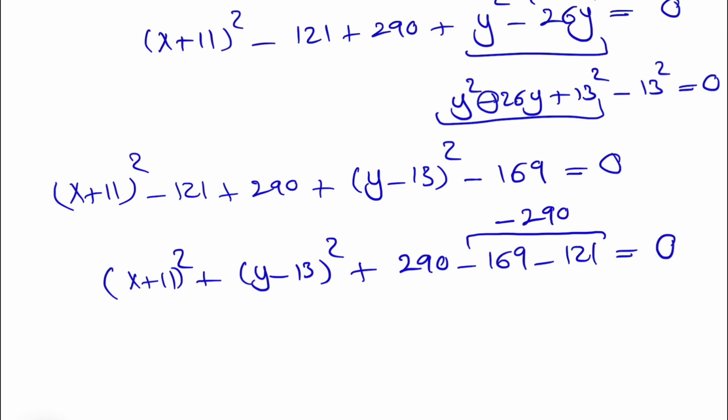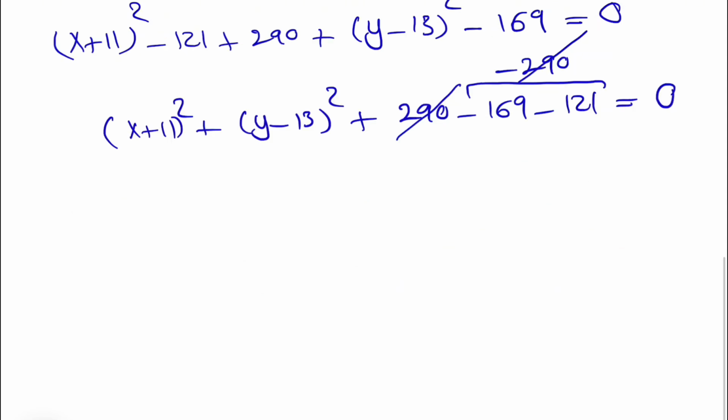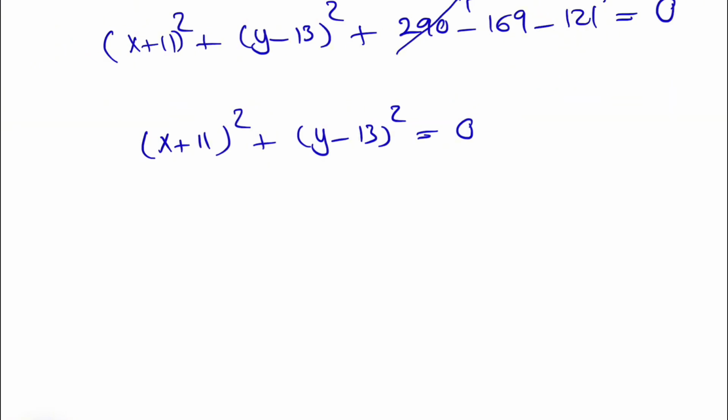So we have 290 minus 290, these two will be cancelled out. And basically what we have is x plus 11 squared plus y minus 13 squared is equal to 0. And let's see how we can solve this equation now.